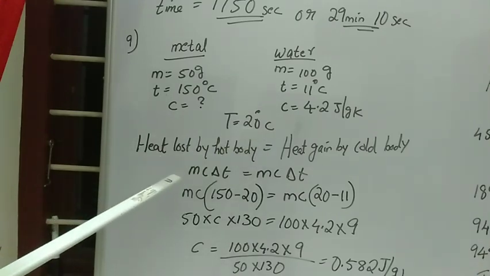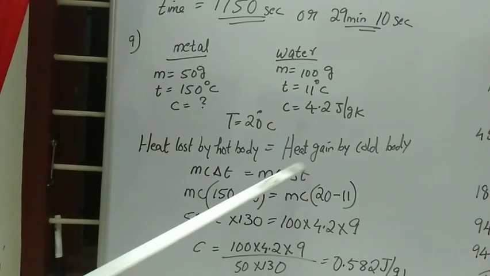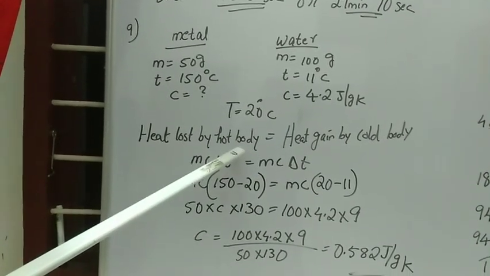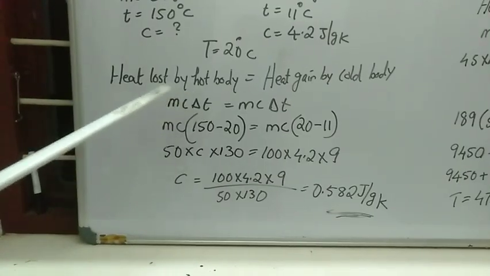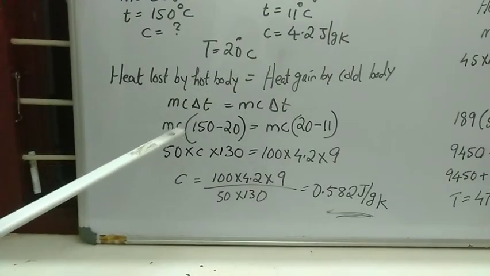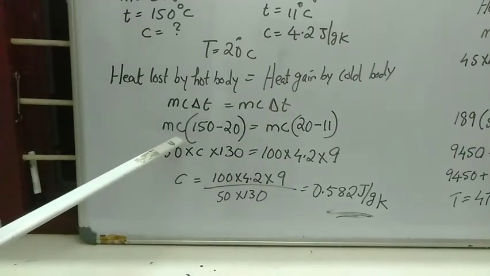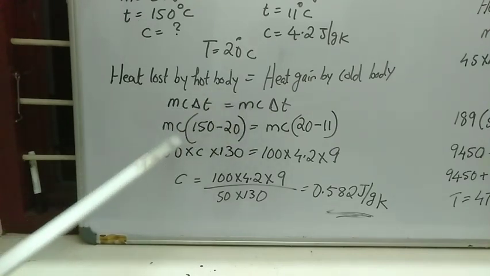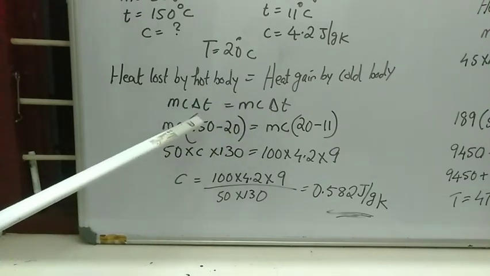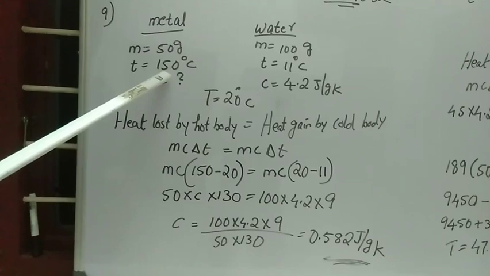So according to the principle of calorimetry, we have to write this equation always. Heat lost by the hot body equals heat gained by the cold body. mc delta T, both are heat energy. So we can equate mc delta T is equal to mc delta T. So mass and specific heat capacity and delta T. This is the important point we have to keep in mind: how we should take delta T. Here you can see the maximum temperature of metal is 150.